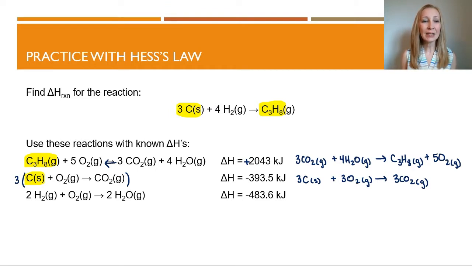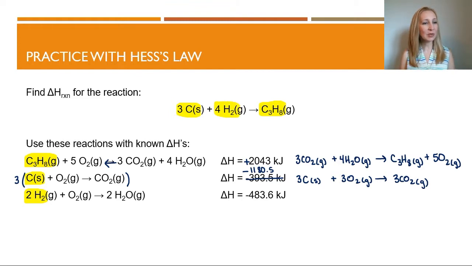So negative 393.5 times 3 gives me negative 1,180.5 kilojoules. So I've tripled that whole equation, including the enthalpy. That's part of what we can do to work with enthalpy equations.